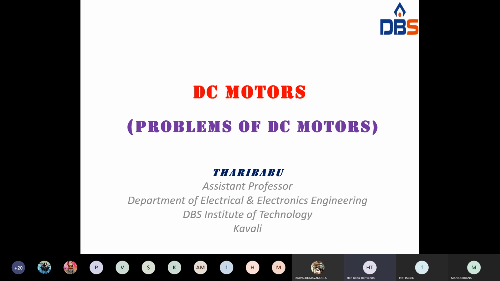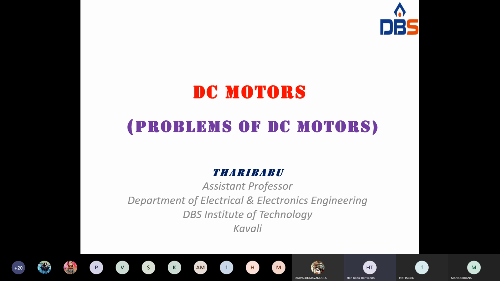Whereas in the indirect test, you first have to determine the constant losses, that is iron losses. After that you have to calculate the copper losses for different loads, for half load, full load, 3/4 load, like that. Then you calculate the total losses, then input and output.